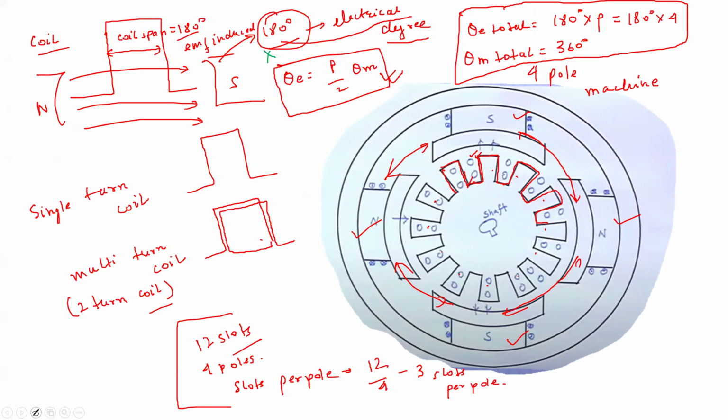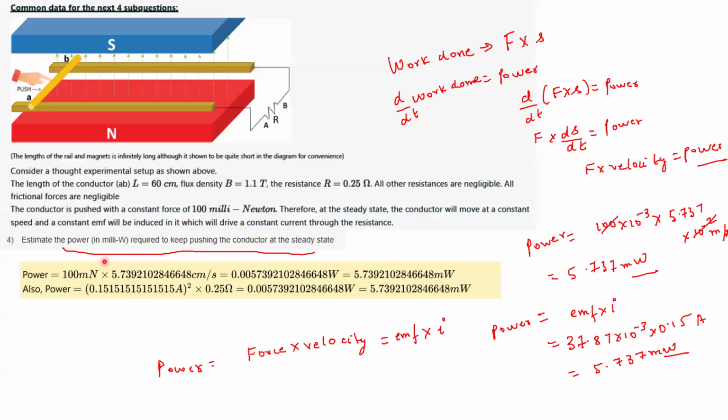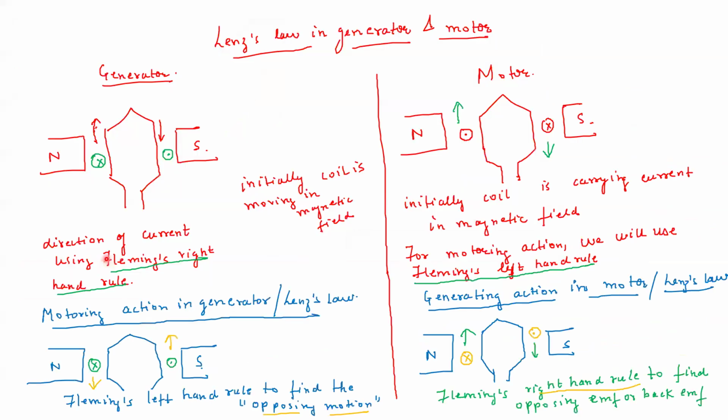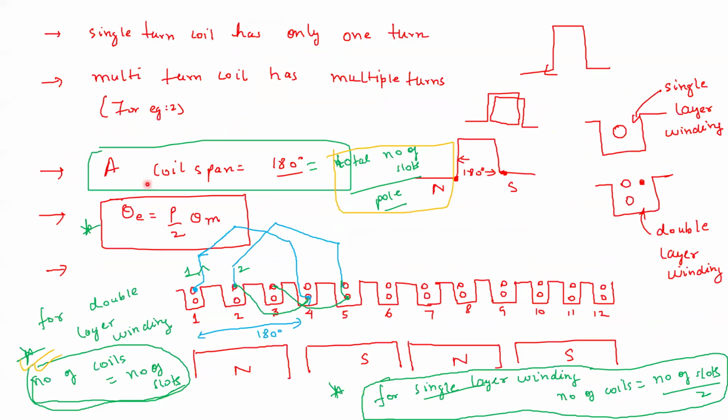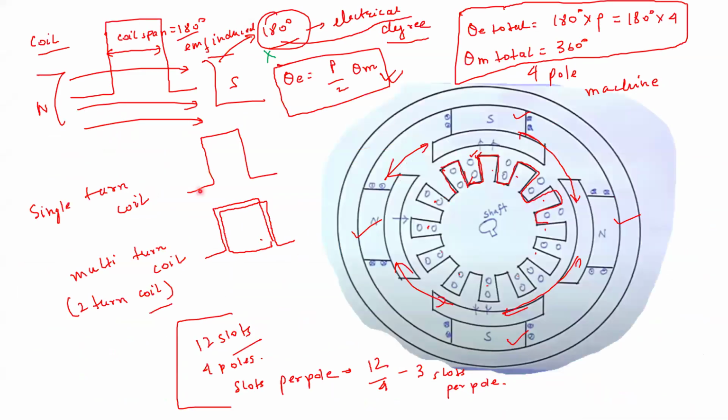So here, as I have drawn earlier also in this slide, I was placing one coil. So you will see that this is one coil. This is a single turn coil, having only a single turn.